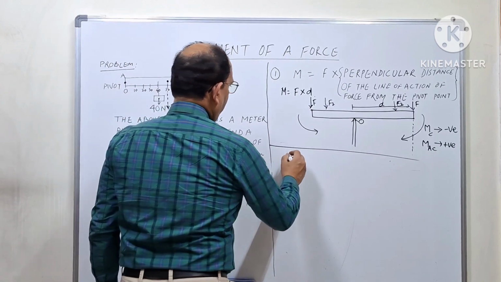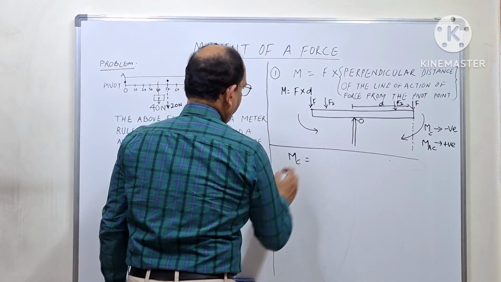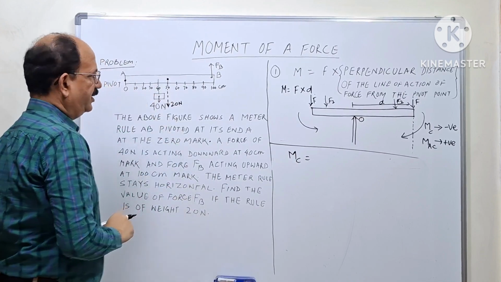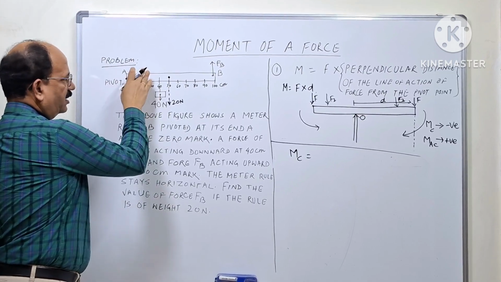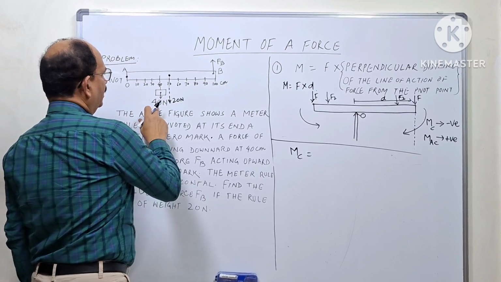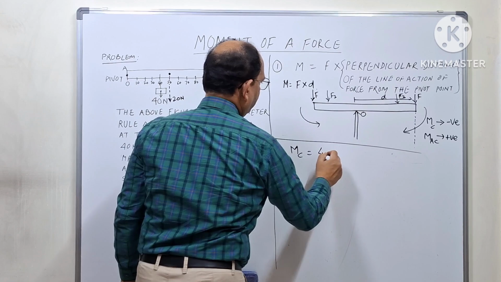So what is the total clockwise moment? See, this force is acting downward. This is the pivot point. So it will try turning the rod in the clockwise direction. What should be its value? This is the force 40 Newton.